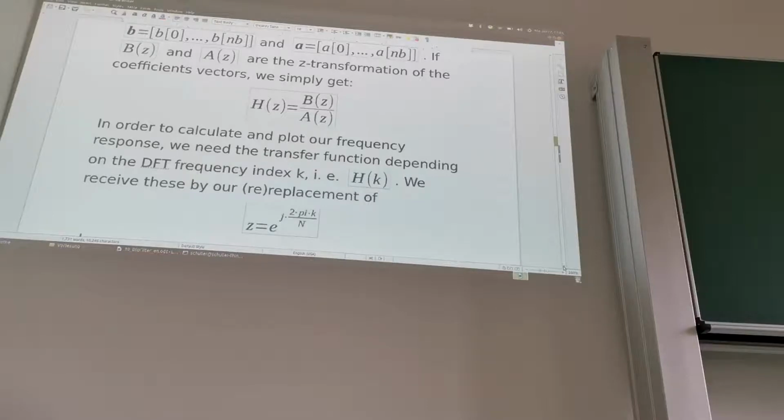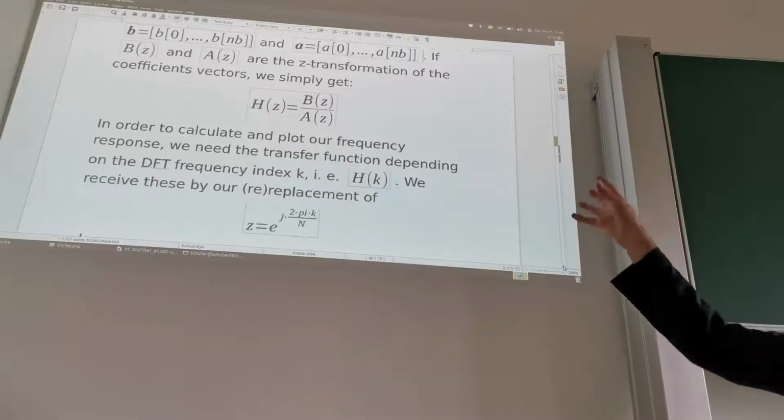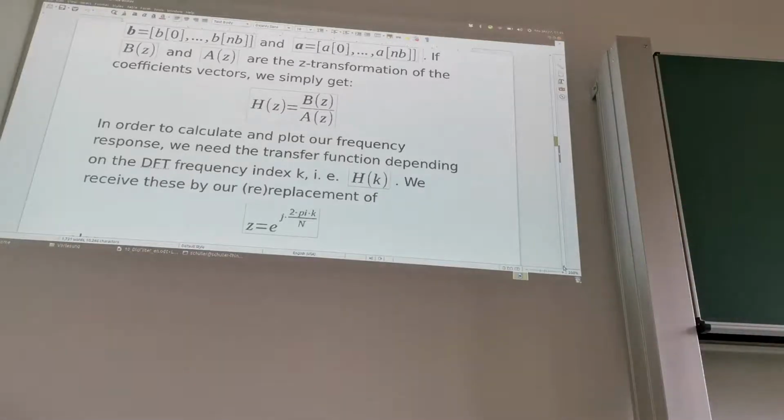Yeah, and this can be used to theoretically analyze this transfer function, for instance, by looking at the poles and zeros of this transfer function. Right? The zeros of B give us the zeros of H, and the zeros of A give us the poles of H, basically where H becomes infinity.